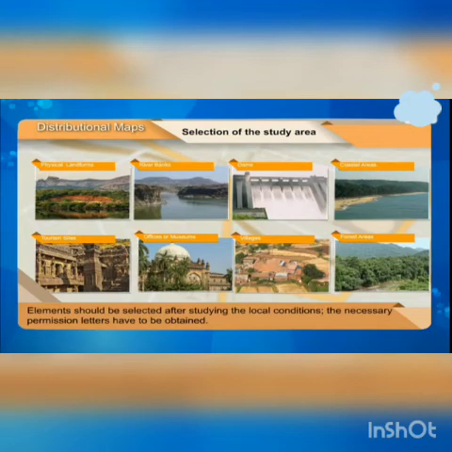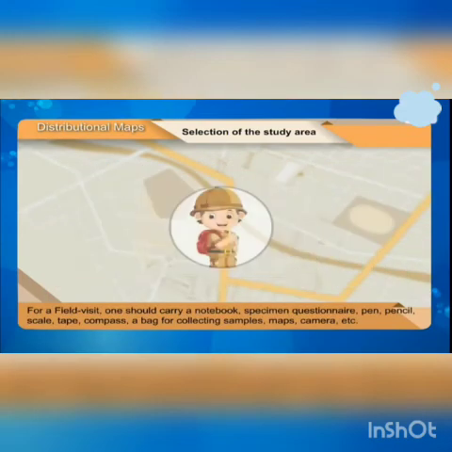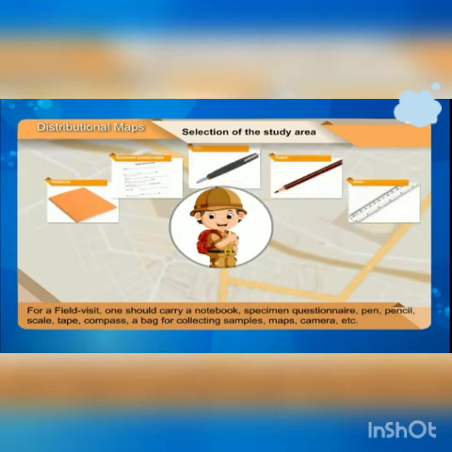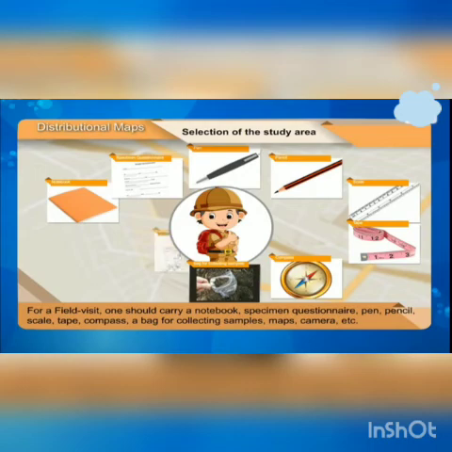The element should be selected after studying the local condition. The necessary permission has to be obtained before visiting that area. And what preparation do we have to do? We have to carry a notebook, specimen questionnaires, pen, pencil, tapes, compass, map, camera. We have to carry these in our bags while visiting an area.